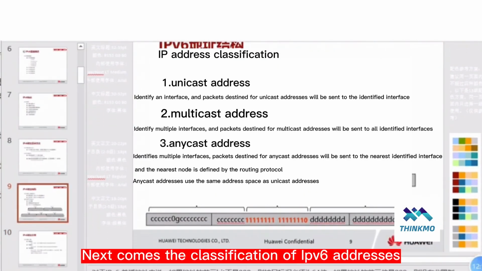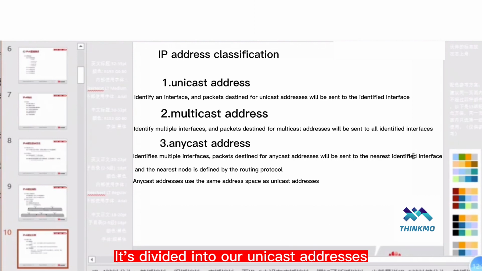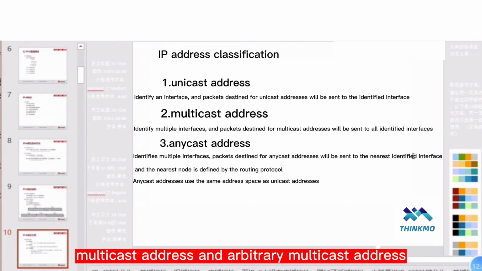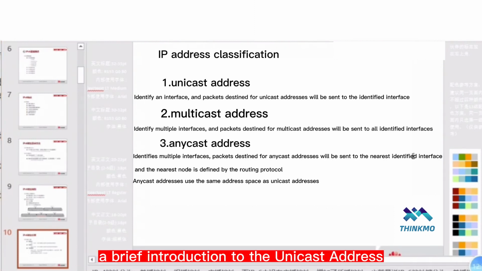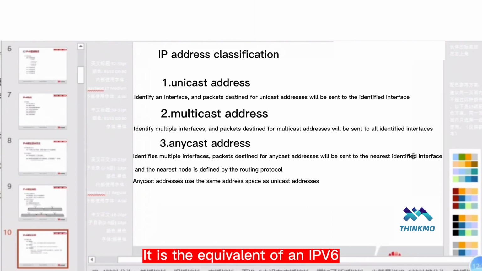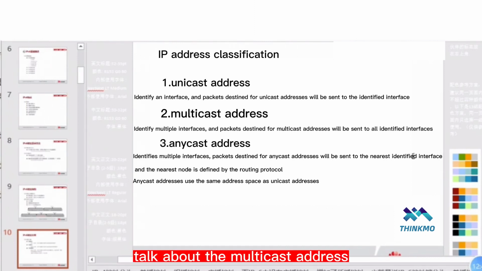Next comes the classification of IPv6 addresses. It's divided into unicast addresses, multicast addresses and anycast addresses. First, a brief introduction to the unicast address. It is the equivalent of an IPv4 public address. I don't need to talk about the multicast address, since multicast addresses are also known in IPv4.